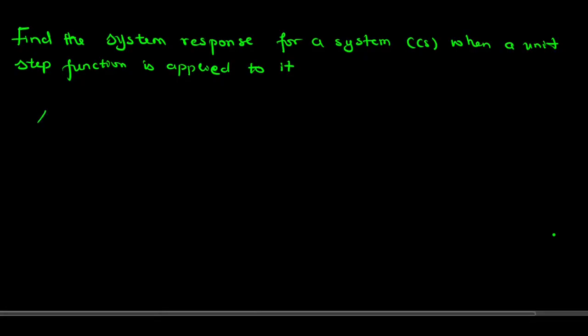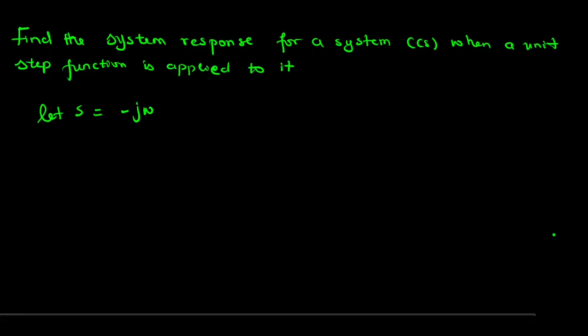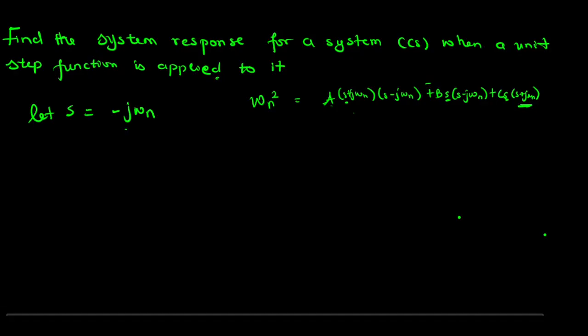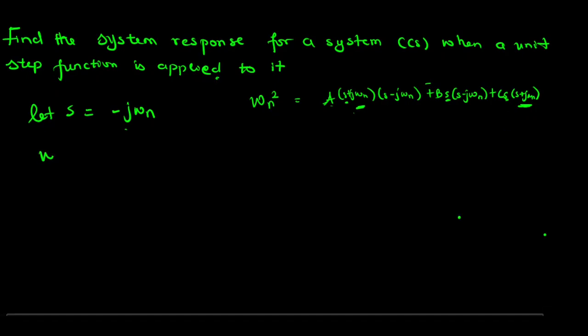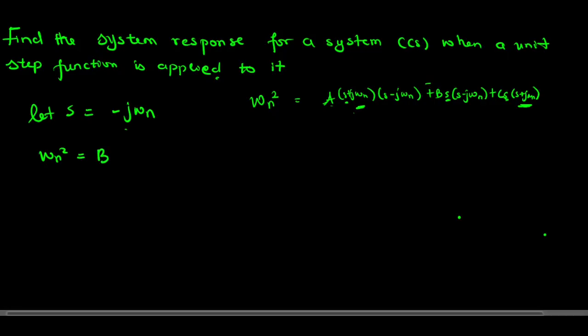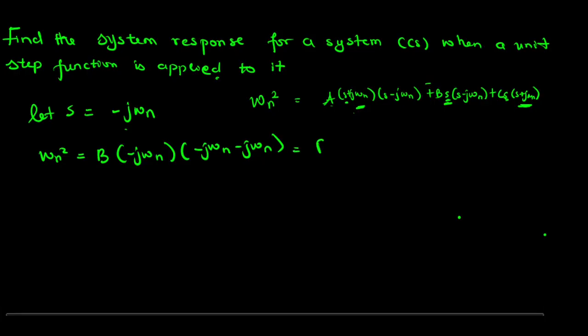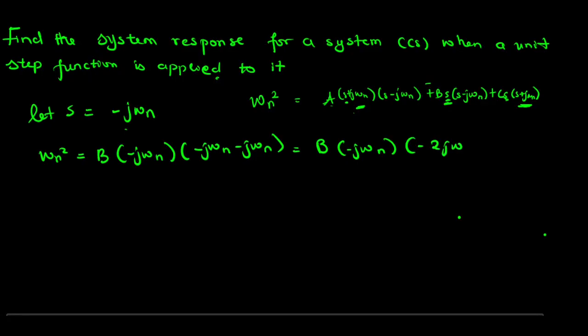And let's move on to B. For B, we can say let s equal minus jωn. If you substitute this here, you're going to find that this will cancel out, because minus jωn plus jωn is 0. So that will cancel out and this will also cancel out. So we'll be left with ωn squared equals B times (minus jωn minus jωn), don't forget this s here. This will become B times minus 2jωn.